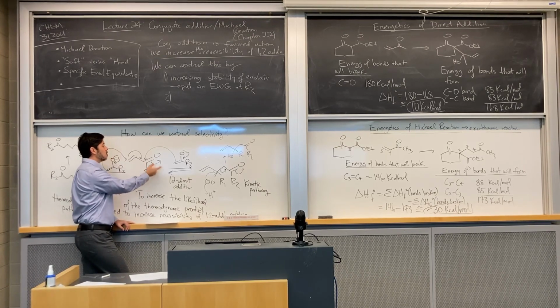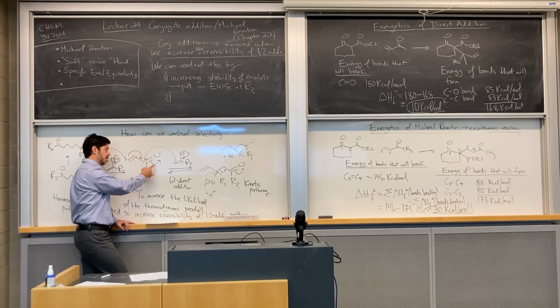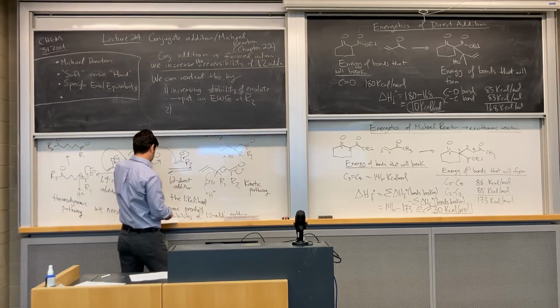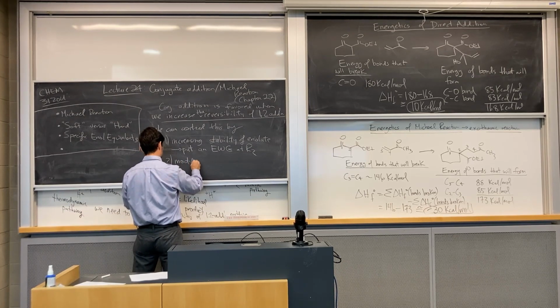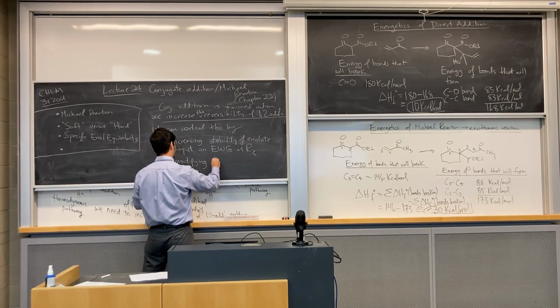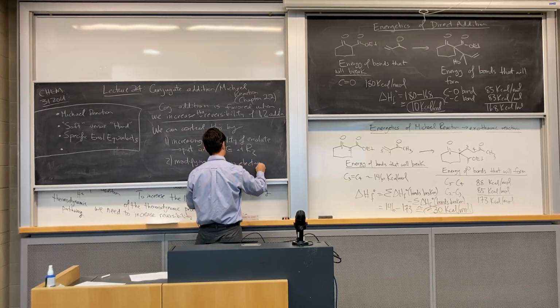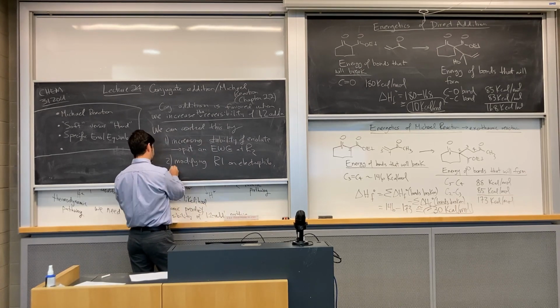So we can control the desired 1,4 addition by making R1 in this group here a little less electrophilic. So let's say modifying R1 on the electrophile to make the carbonyl less electrophilic.